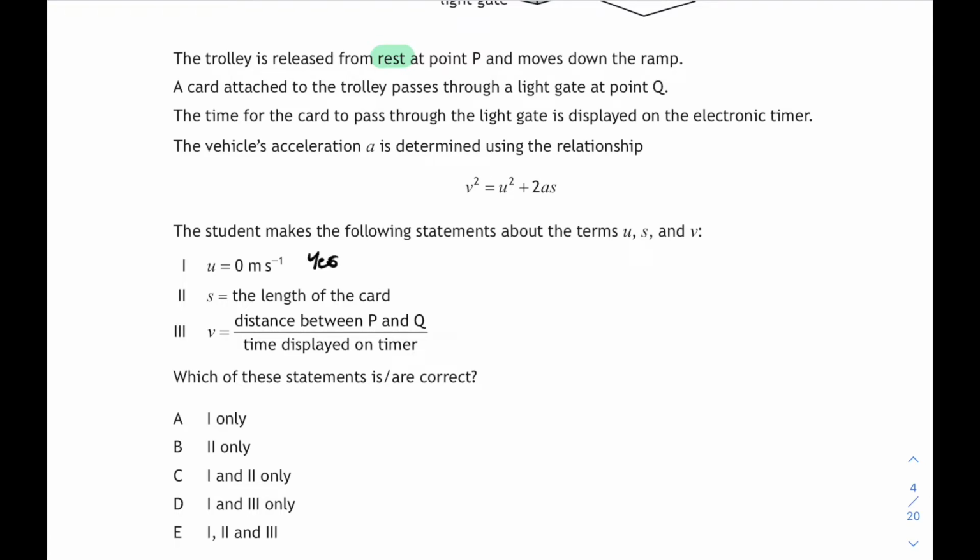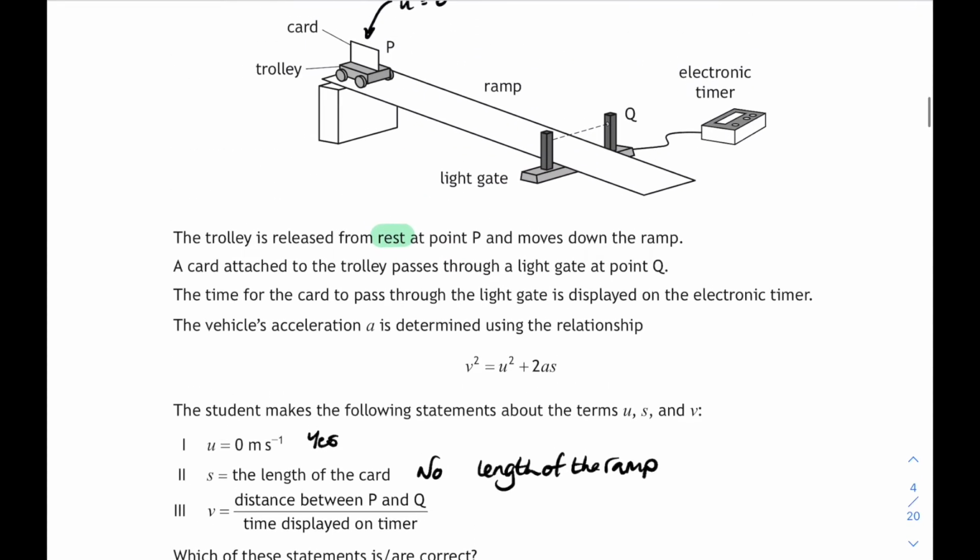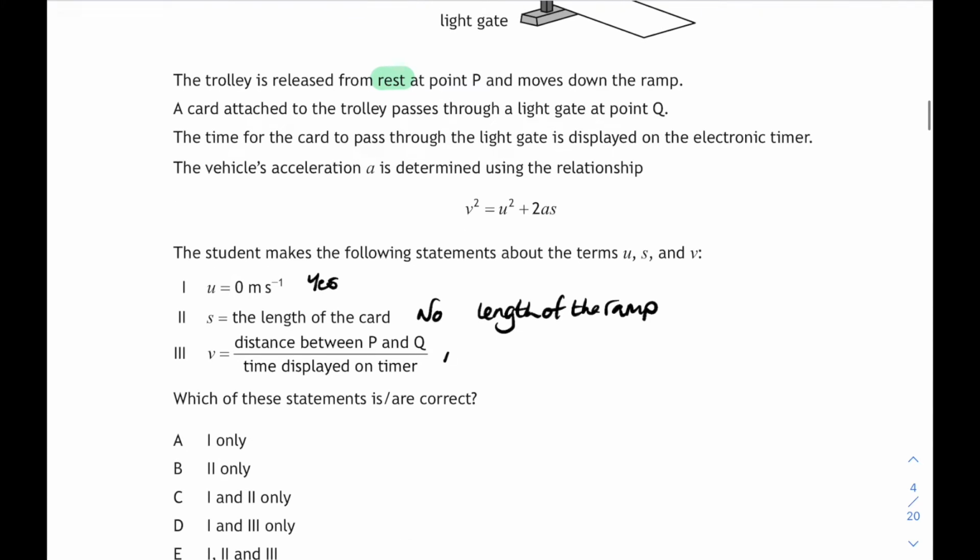And the student makes the following statements about the terms u, s and v. U is equal to 0. Yes, it is at the top of the slope. S is the length of the card. No, it's not. S is the length of the ramp that it rolls down. And v would be the speed at the bottom of the ramp. So is that the distance between P and Q? No, it's not.